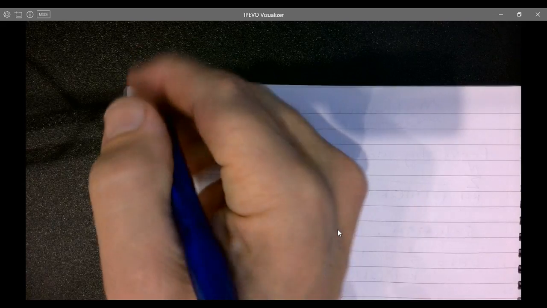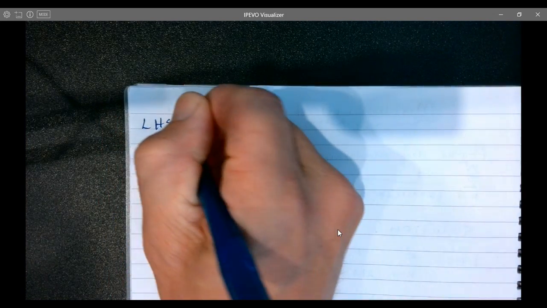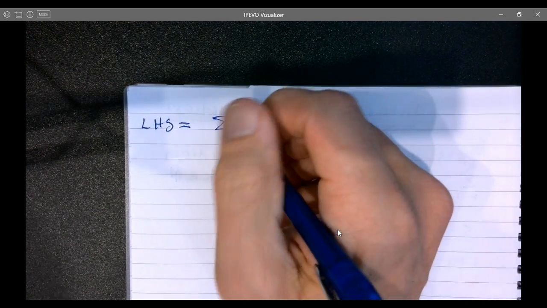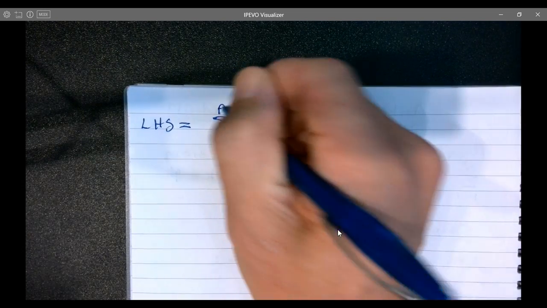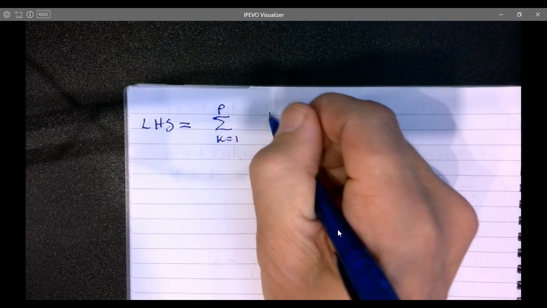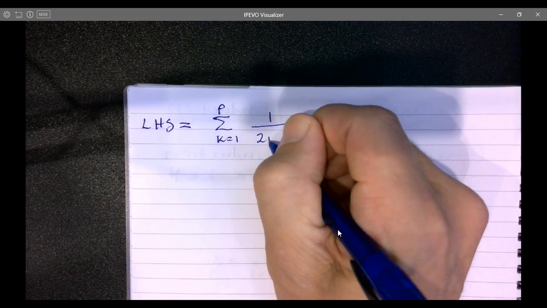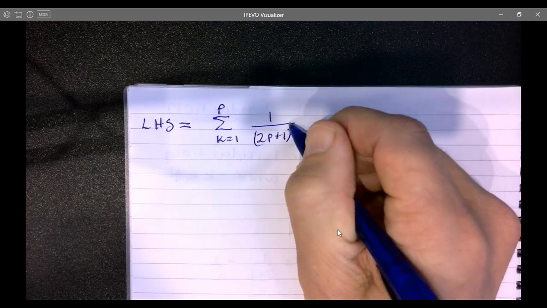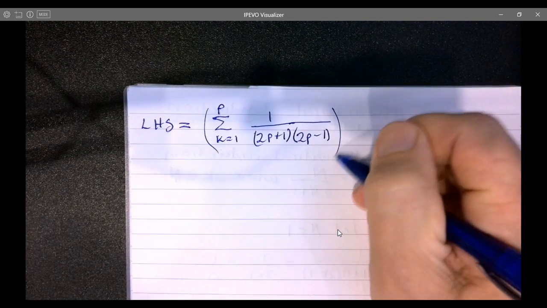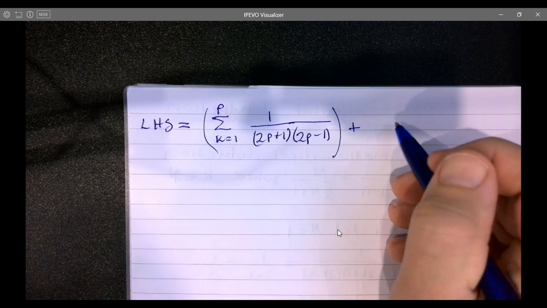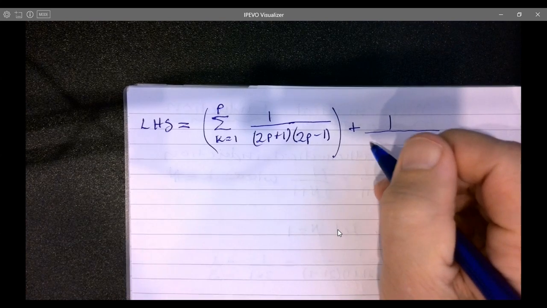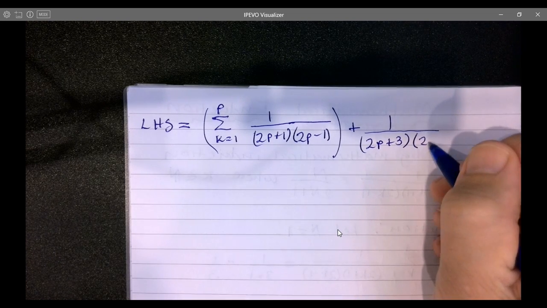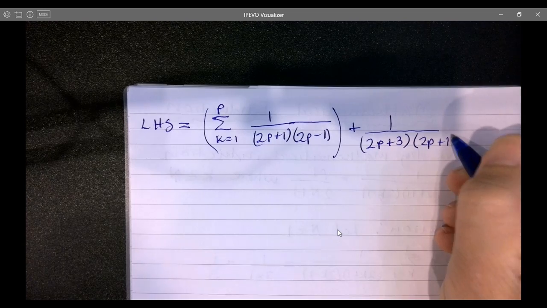So we'll start with the left-hand side. The left-hand side is equal to the sum from k equals 1 to p of 1 over (2k plus 1)(2k minus 1), plus 1 over (2p plus 3)(2p plus 1).